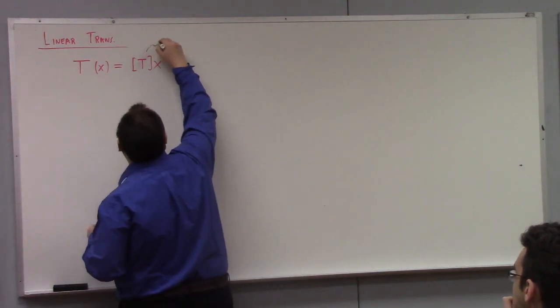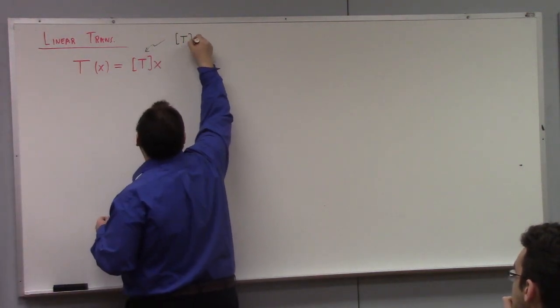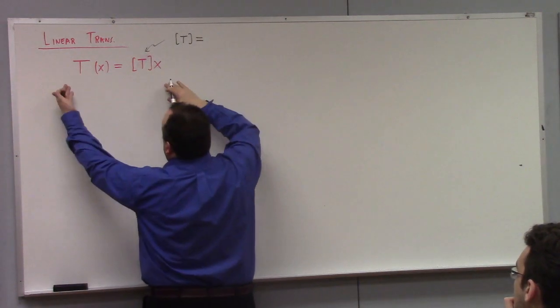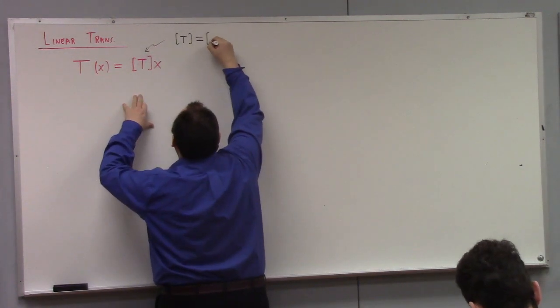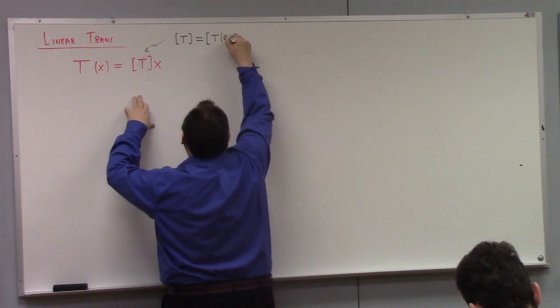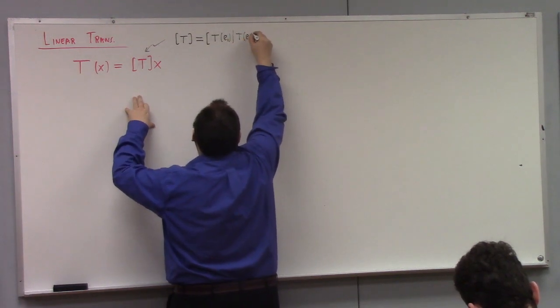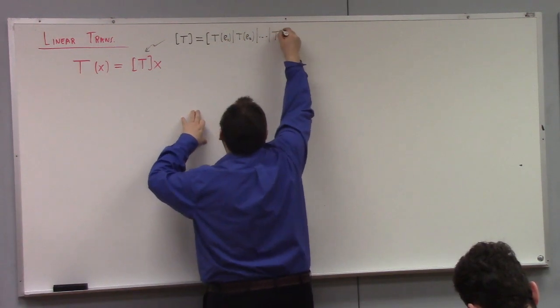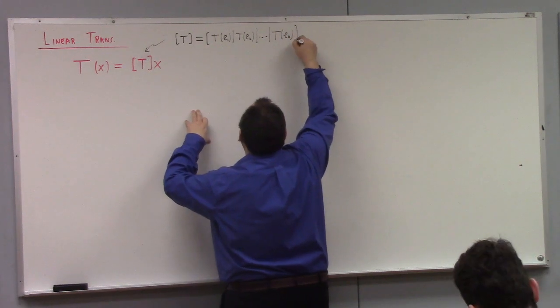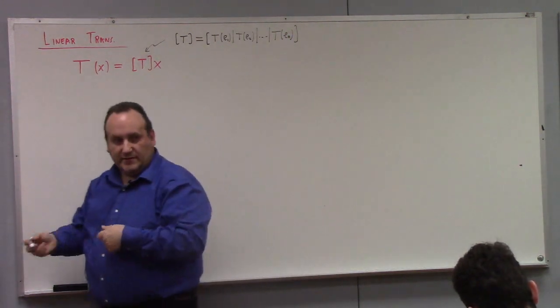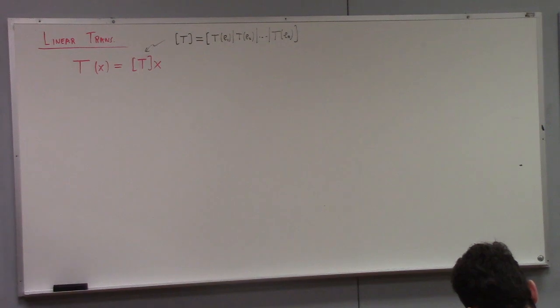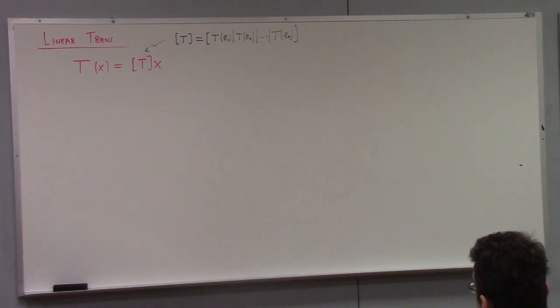This was the standard matrix of T. Well, this equation pretty much defines it. But if you want another way to look at it, this is T of e1, T of e2, dot dot dot, T of en, right? So to find the columns in the standard matrix, we just look at what the linear transformation does to the standard basis. That tells us the columns.